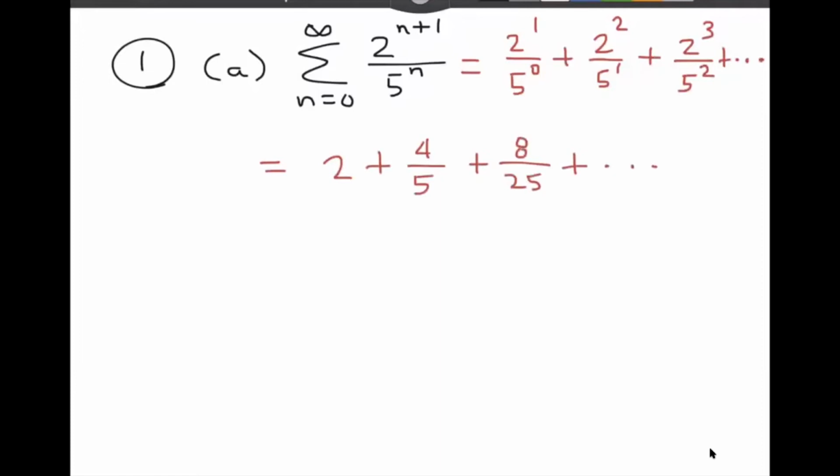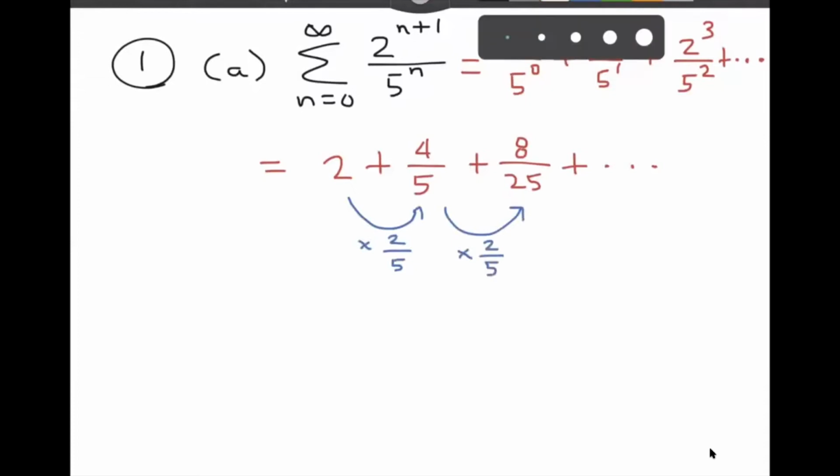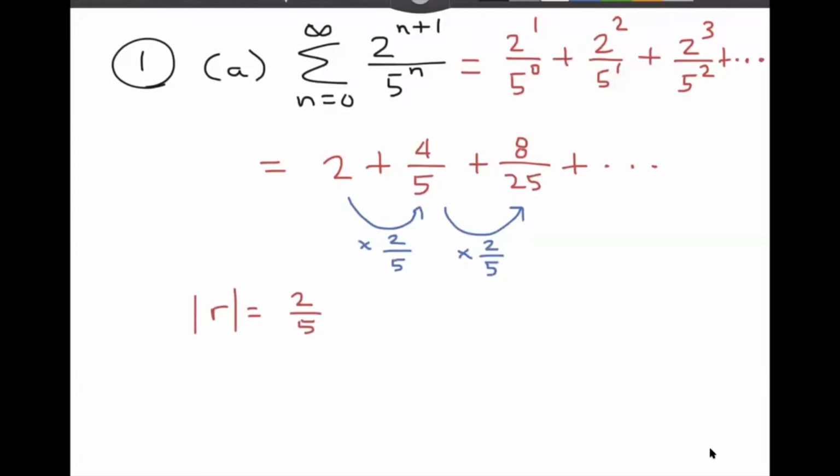And the reason I know it's a geometric series is that to get from one term to the next, you are always multiplying by 2/5. Okay. So since it is a geometric series and r is 2/5, and technically, I guess I should say the absolute value of r is the absolute value of 2/5, which is less than 1. That means that this series does converge.